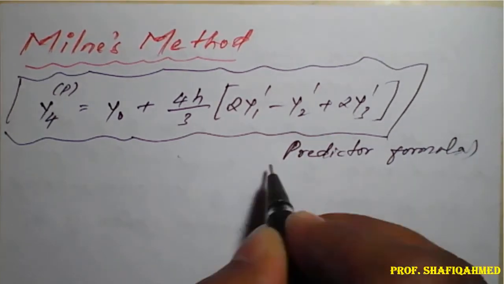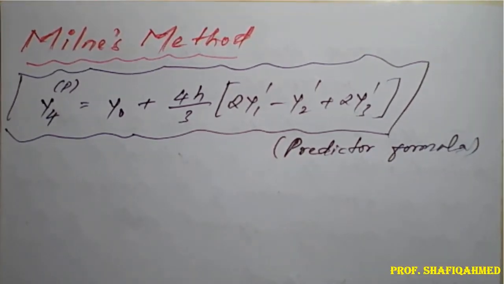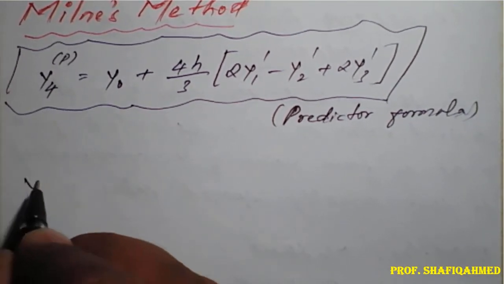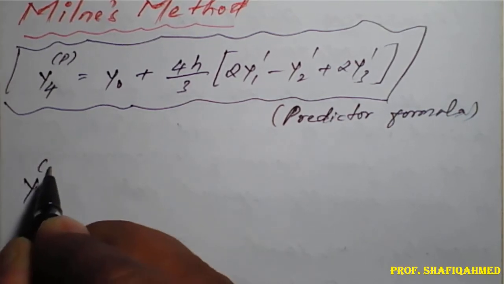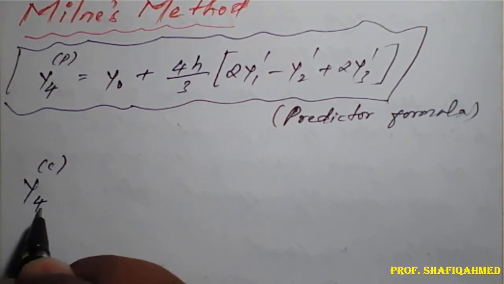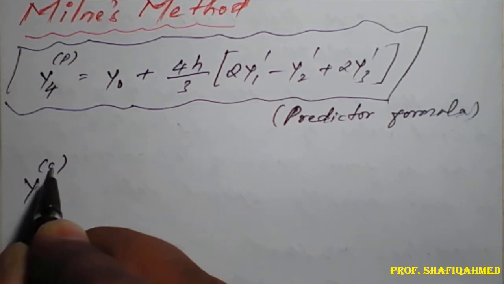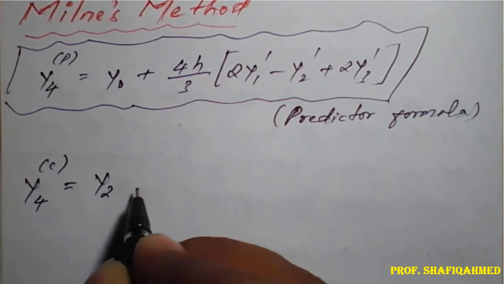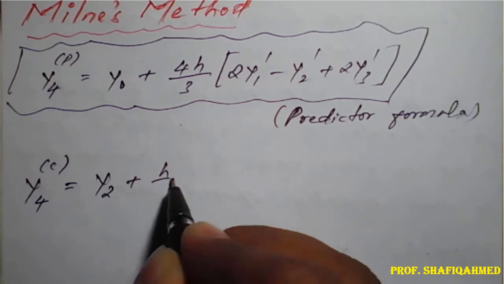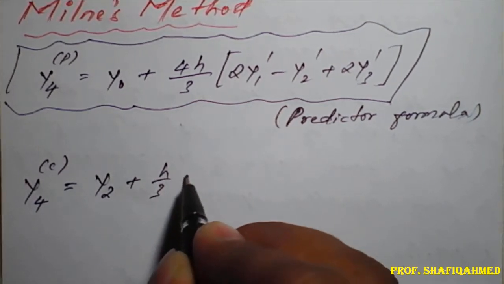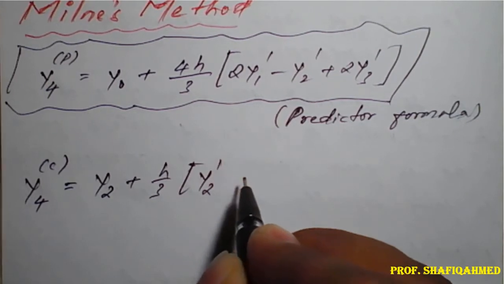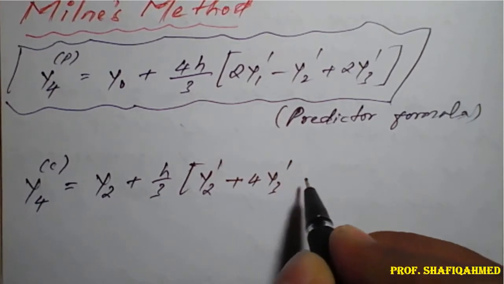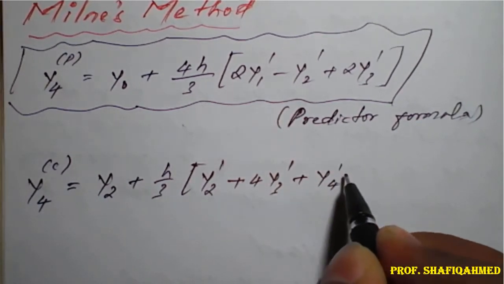From this formula we need to predict the value, and with the help of the predictor we need to correct this predicted value, that is y4 of c, where c stands for corrector. The formula for y4 of c is given by y2 plus h upon 3 times the bracket y2 dash plus 4 times y3 dash plus y4 dash.